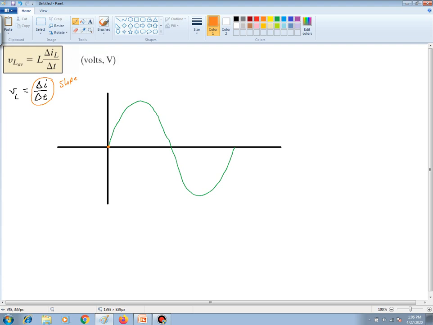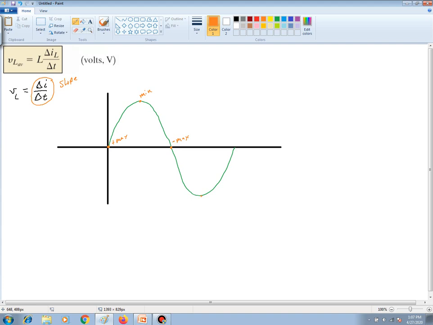So at this point, we have the slope being at a maximum, and it's a positive maximum right here. At the very top, it's kind of like a flat line up there, right at that dot. It's flat, so therefore your slope would be at a minimum. And then if we took it right here, the slope would be at a maximum, but the travel is downward, so it'd be a negative maximum value.